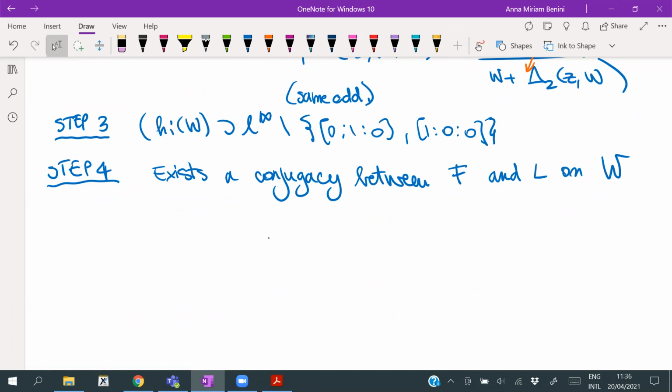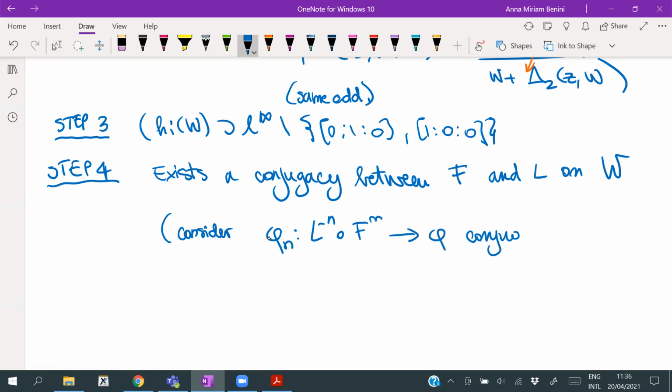How do you construct a conjugacy? One very basic technique is you iterate forward by your map, F to the n, and iterate backwards by the linear map L to the n. If this converges, you will get a conjugacy for free, okay? So you consider phi n defined as L to the minus n composed with F to the n, and this converges to some phi, which is a conjugacy. And why do you converge? Well, again, because your error term is small, okay? So this is, again, a standard step.